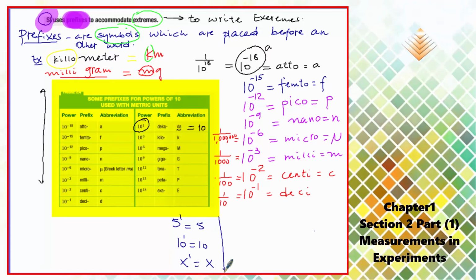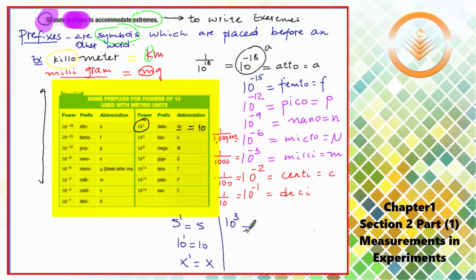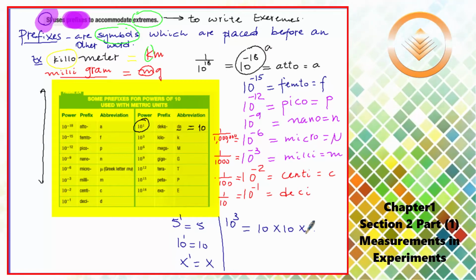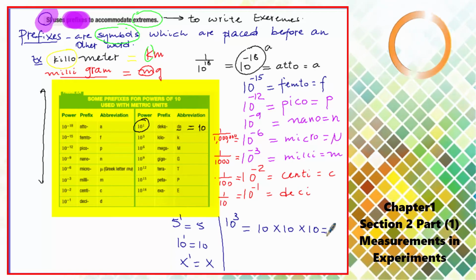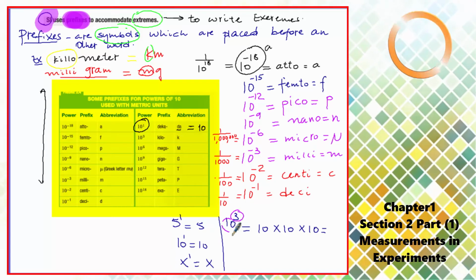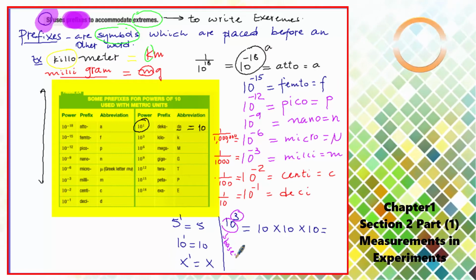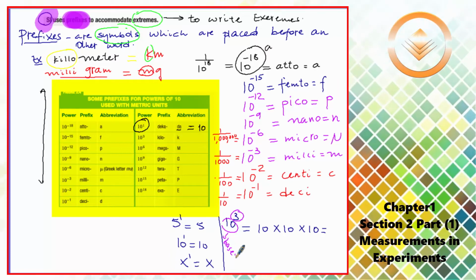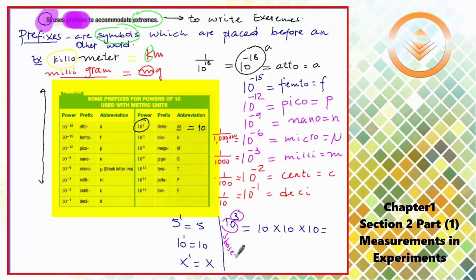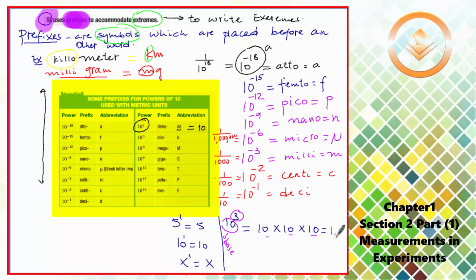You know that the exponent tells us how many times the base is multiplied. This is called the exponent and this is called the base. When you say 10 to the power of 3, we mean we have to multiply the base 10 three times. That is 10 multiplied by 10 multiplied by 10, which is 1000.